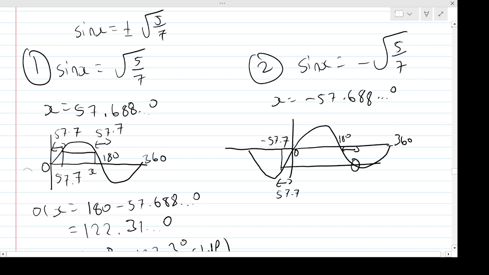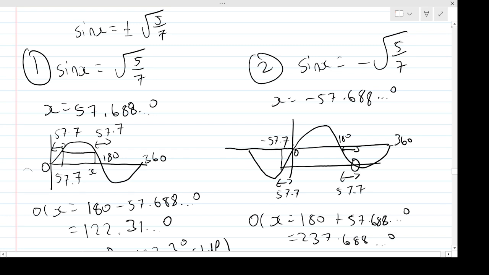That same gap 57.7, which means then to get the other solution is going to be adding this 57.688 to 180. If I do that on the calculator, I get 237.688 blah blah blah degrees, right?